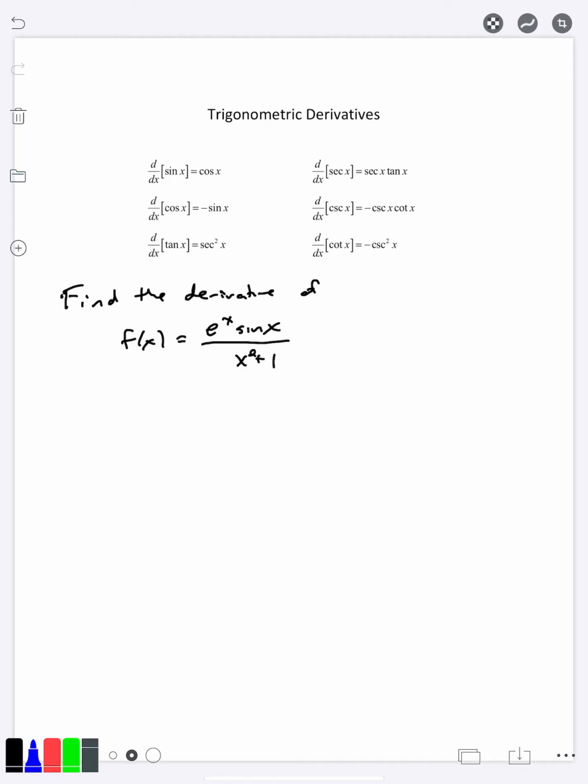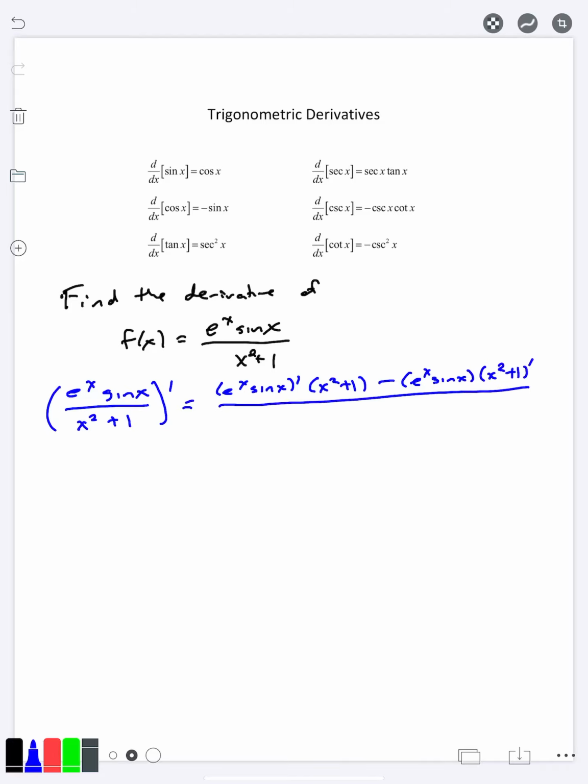So again, we have this mix of different functions. We start with the fact that we have a fraction, so we use the quotient rule. That's going to be the derivative of the top times the bottom minus the top times the derivative of the bottom, all over the bottom squared.